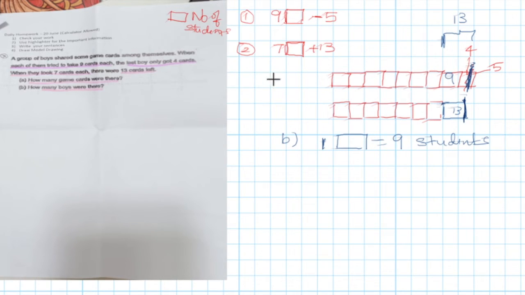But then what is the total number of cards? Total number of cards, right? If I were to use this, I know that over here is 9, right? 1, 2, 3, 4, 5, 6, 7, 8. 9 times 8, but you have to plus 4.